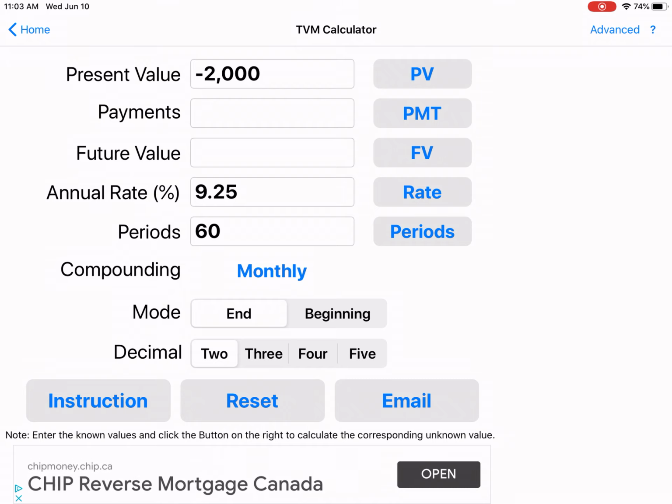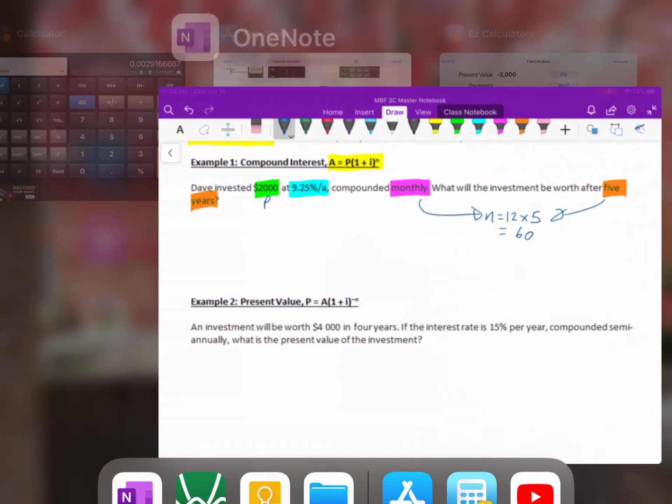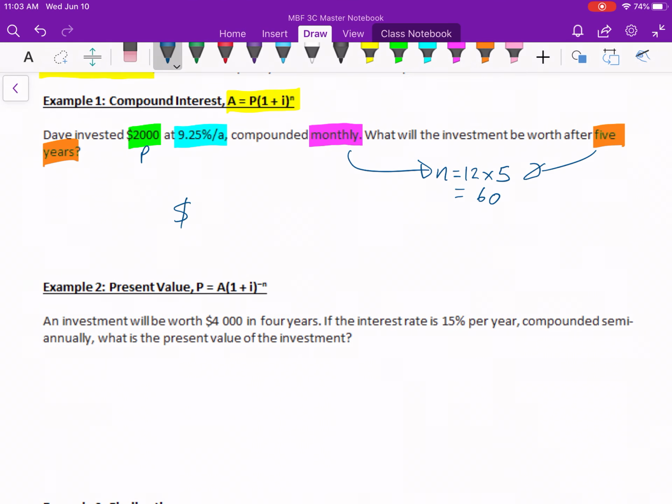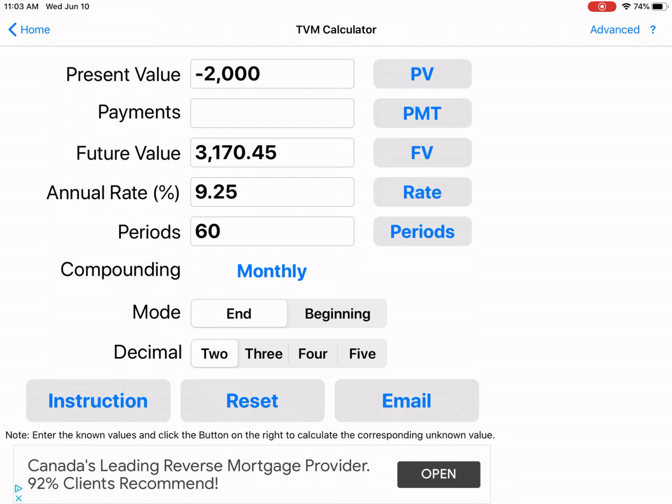So if I want to find future value, I hit the button that says FV, and it automatically fills in the answer: $3,170.45. That's my answer. That's how much it'll be worth in 5 years under those conditions. I could have got that using the formula A equals P times 1 plus I to the N, but this does it for me, and it does it a lot faster. I'm just going slower as I explain it, but it really is quick.